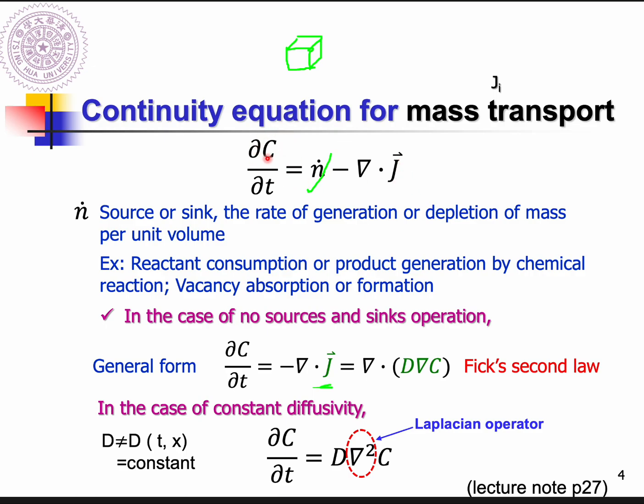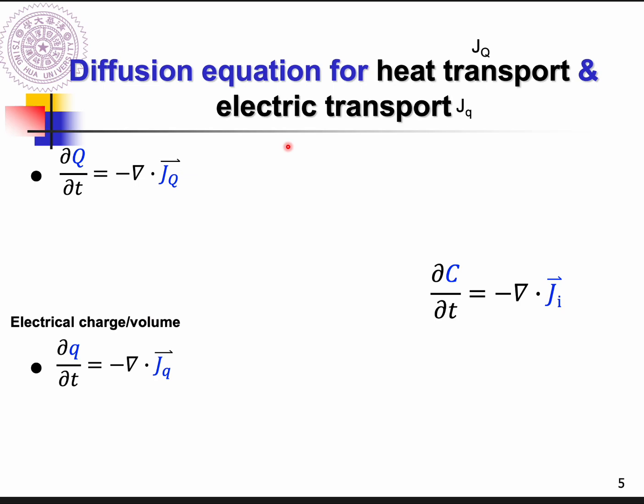We want to show you the diffusion equation for heat transport and also electrical transport. Under this situation, we substitute the flux term with heat flux and current density, and the concentration part with the heat content and also the charge.